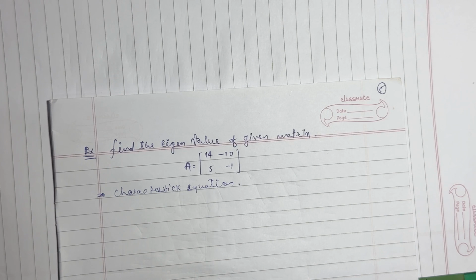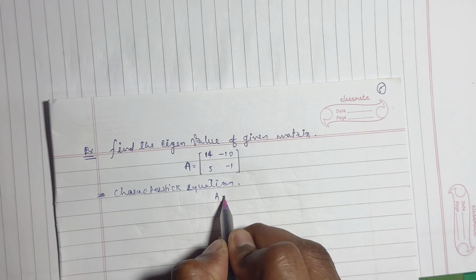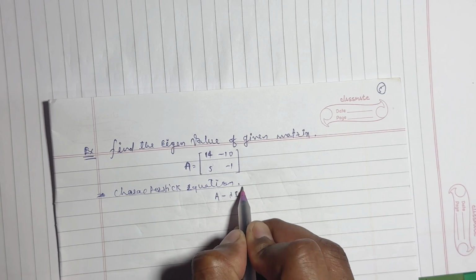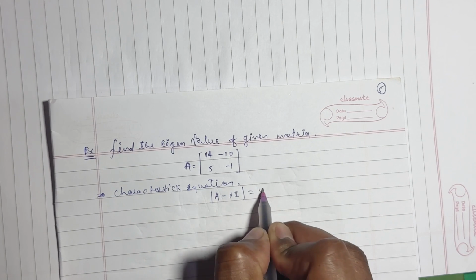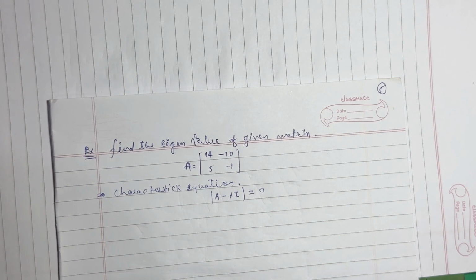Yes, exactly: the determinant of A minus lambda I equals 0. This is the characteristic equation. I explained and proved in my previous lecture how it works; if you want to see how this comes about, go and check my last lecture. So using this characteristic equation we want the eigenvalues of our matrix.